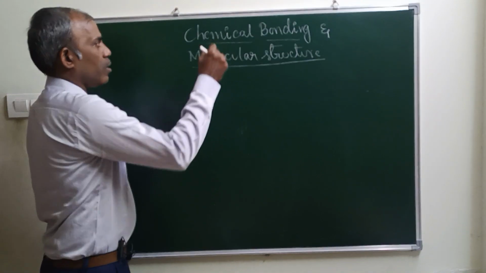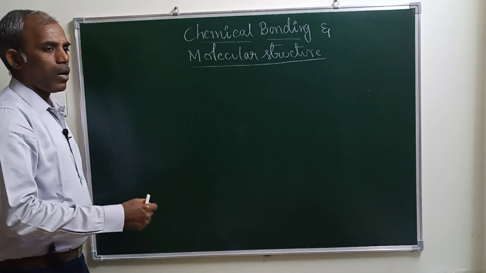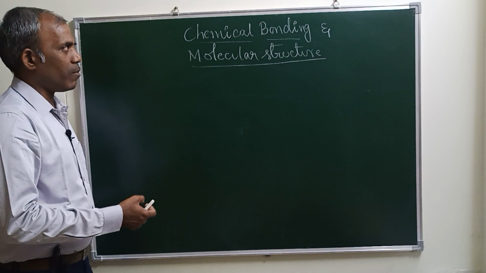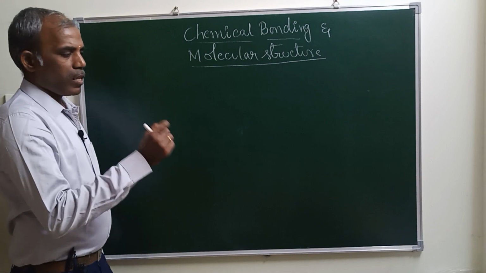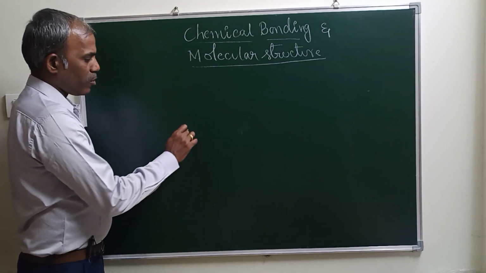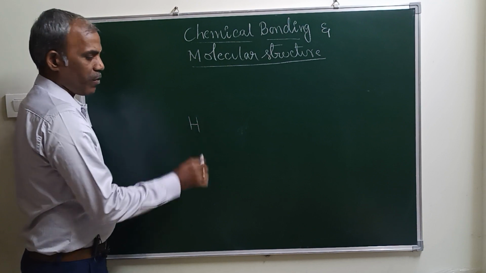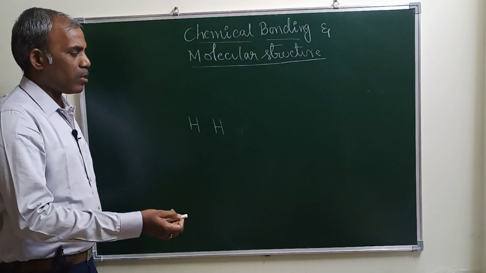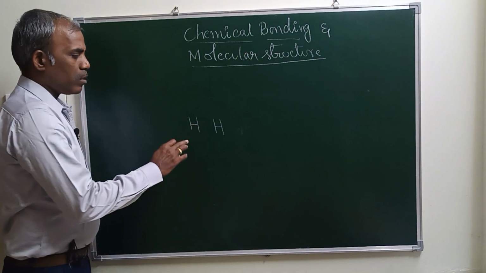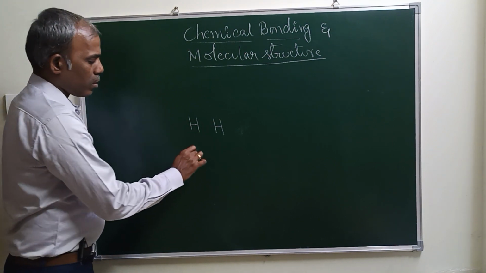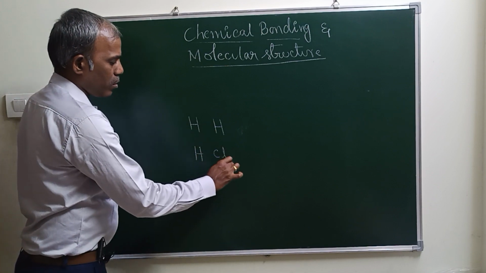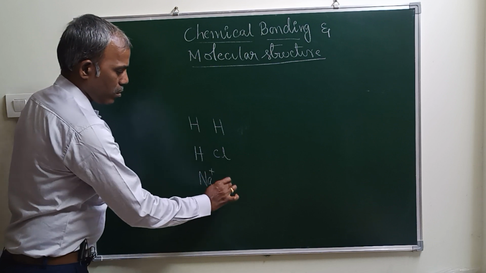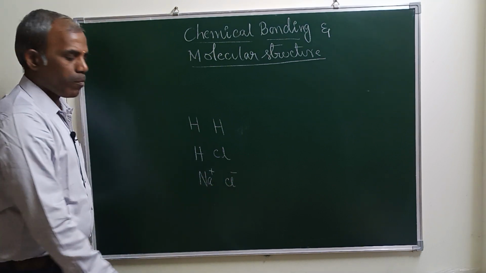Now, to understand the definition of chemical bond in a simple way, it is just a force of attraction between two atoms. Force of attraction between two atoms, same type of atoms, different type of atoms, between ions, even between molecules.